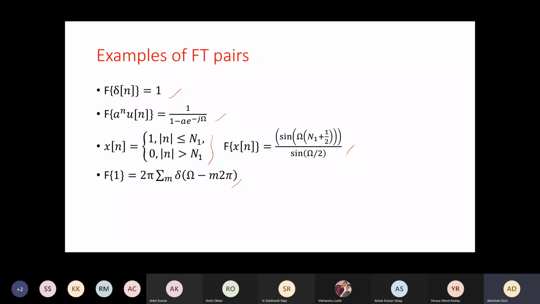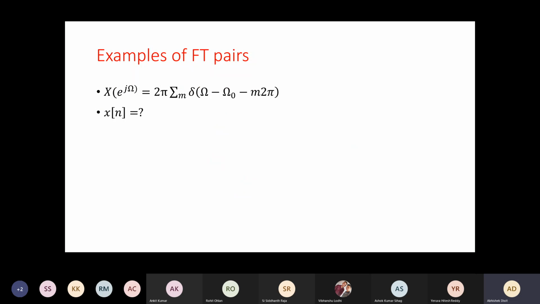Now let us do some more Fourier transforms. Suppose X(e^j omega) is this function. What is x n for this? So you remember the formula of x n? We have to divide 1 by 2 pi. Then we have to integrate in one period.